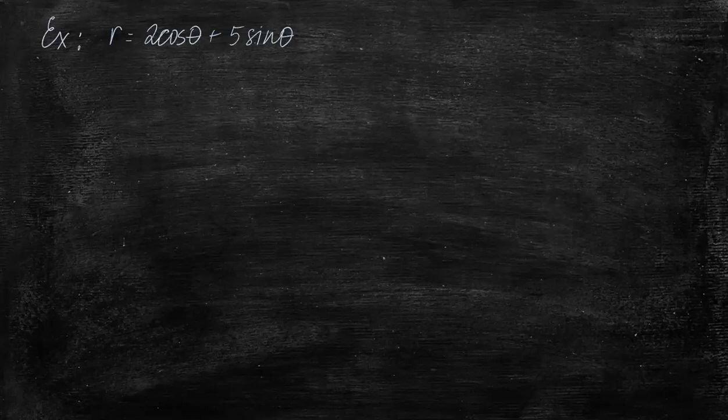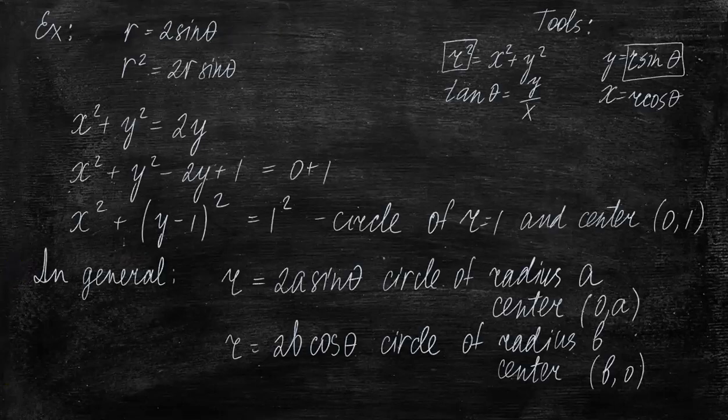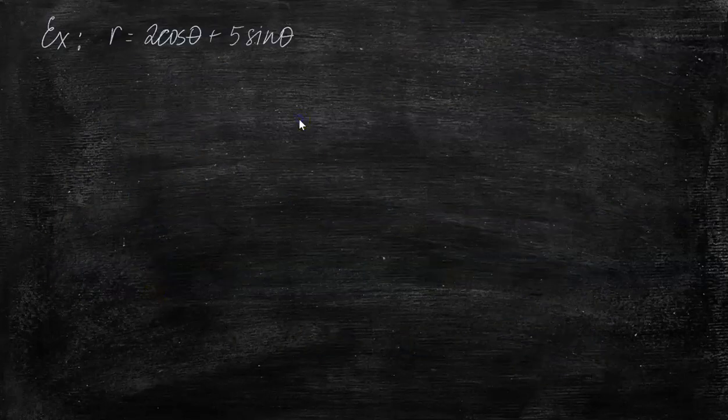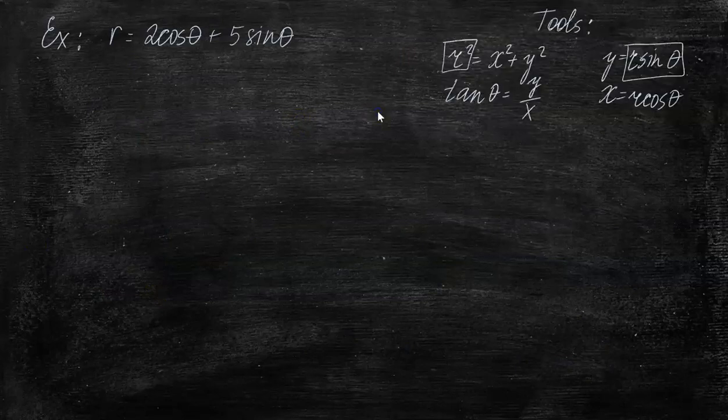So one way we can analyze this is, again, here are our tools. We don't really have many tools, but we can manipulate the equation using these tools and reshape it into something recognizable. So one thing that we can do here is, it seems like we can benefit from multiplying both sides by r.